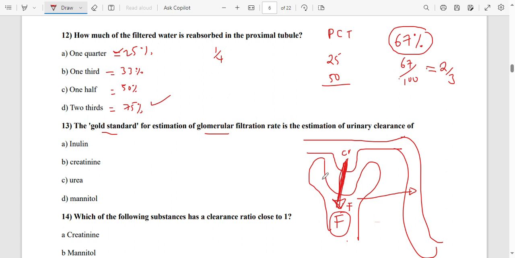So you're actually measuring the glomerular filtration rate. But for some compounds like creatinine, they can be filtered, and at the same time you are going to have some which are being secreted. Meaning that what you are finding in urine is not just explaining what is happening in glomerular filtration, you're also talking about what is happening beyond it. So it will not be accurate when measuring glomerular filtration rate. Does that make sense?